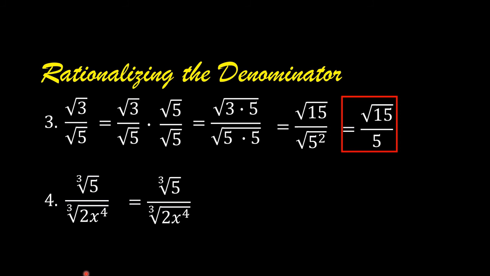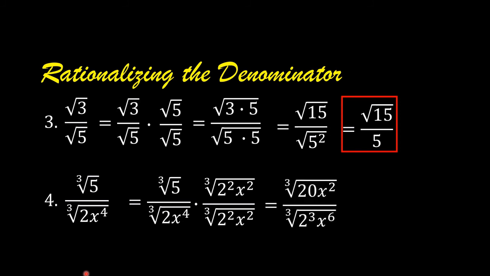So the cube root of 5 over the cube root of 2x raised to the exponent of 4, times the cube root of 2 squared x squared over the cube root of 2 squared x squared. And then the cube root of 20x squared, 20 because 2 squared is 4, and 4 times 5 is 20. And then this is 2 cubed.